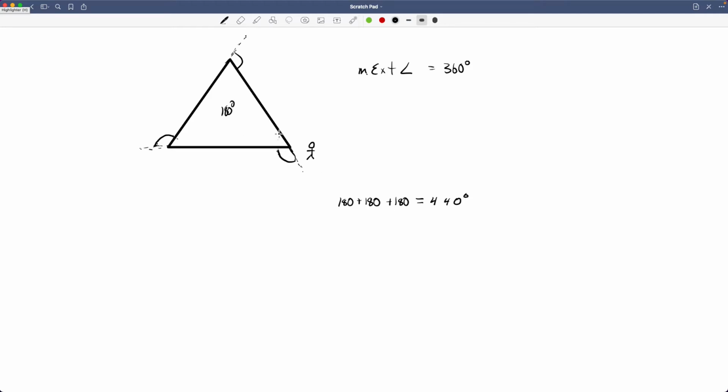But the interior, this plus this plus this, would all equal 180. So we would have to take, if we take that interior measure away, we subtract 180 to represent the interior measures that we're taking away from this triangle. That would bring us back to 360 degrees.